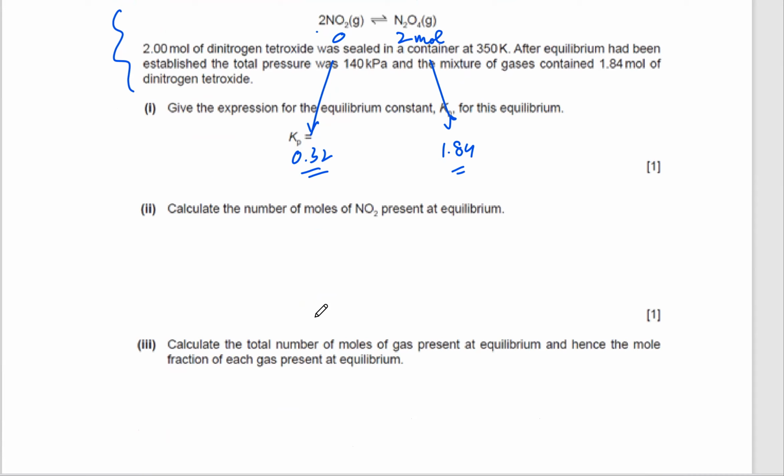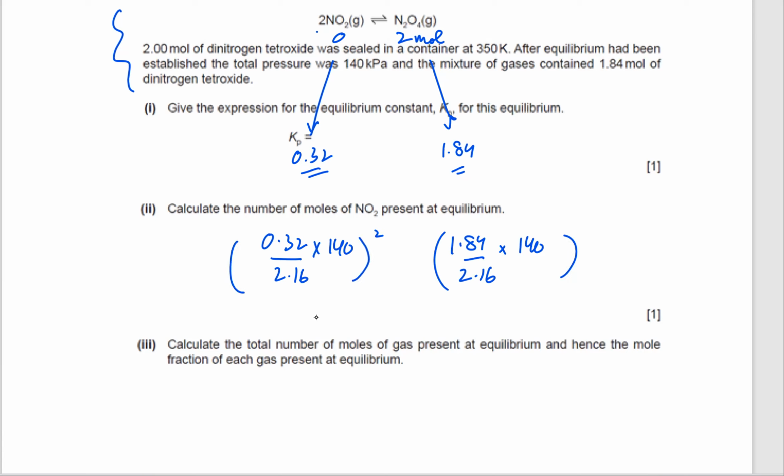It's going to be 0.32 divided by 2.16, and this would be 1.84 divided by 2.16 times the pressure. That's 140. And then this is the numerator, this is the denominator, so square that.